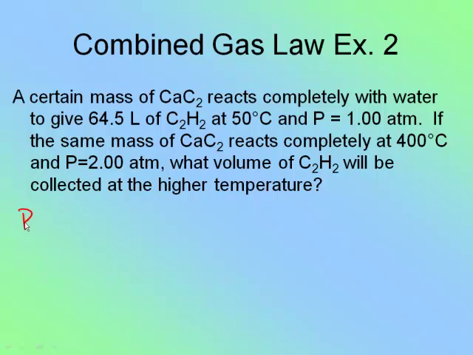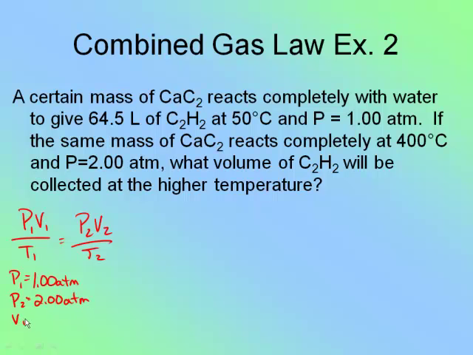Okay, write your formula. P1 V1 over T1 equals P2 V2 over T2. Pressure is 1 atmosphere, doubled to 2 atmospheres. My volume when I start is 64.5 liters, which is quite large.